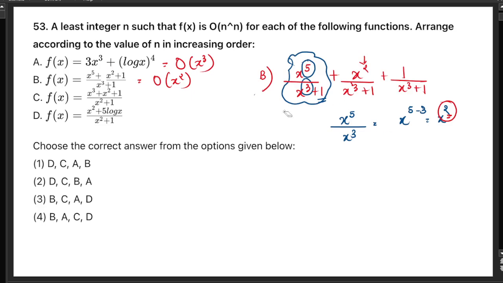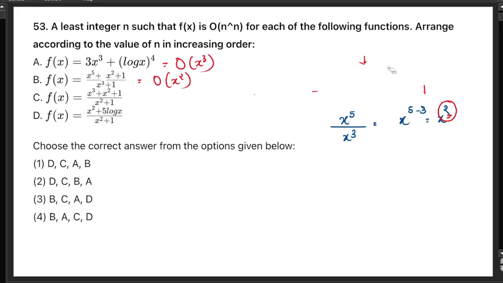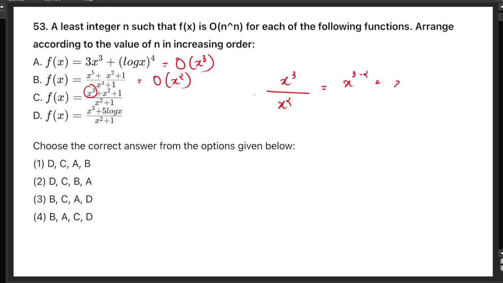Now let's take option C. Now you can easily verify option C as I did for option B. But let's see this. Again, if we just take here the highest term, which is x cube, and in the below part, which is the highest term, x square, the rest if we skip, then also it will work, because we have to identify the highest possible term to evaluate which can be the f of x value in terms of big O. Now what if we solve like this, 3 minus 2, so it will be 1.